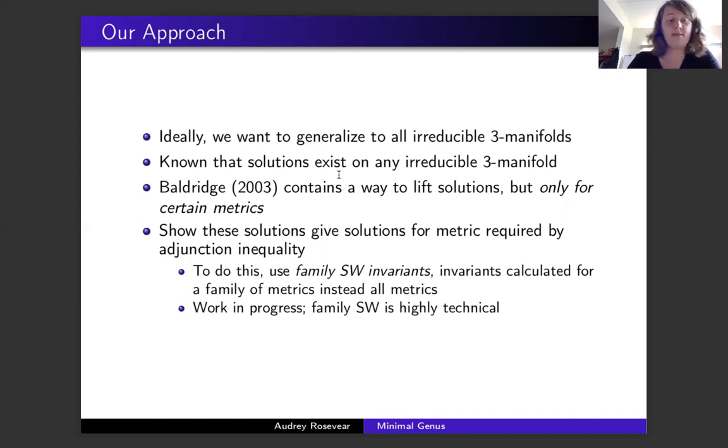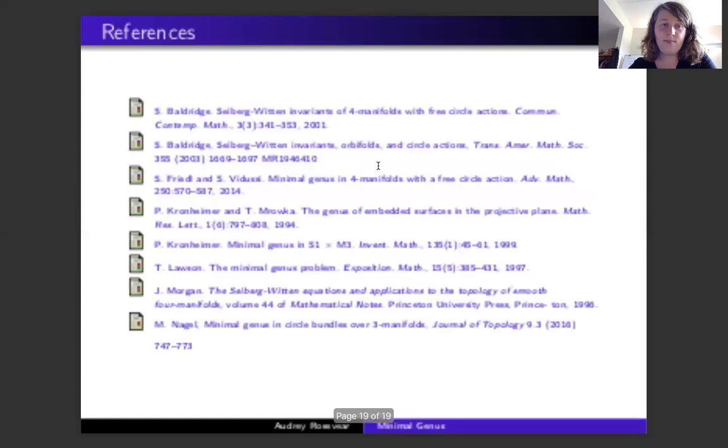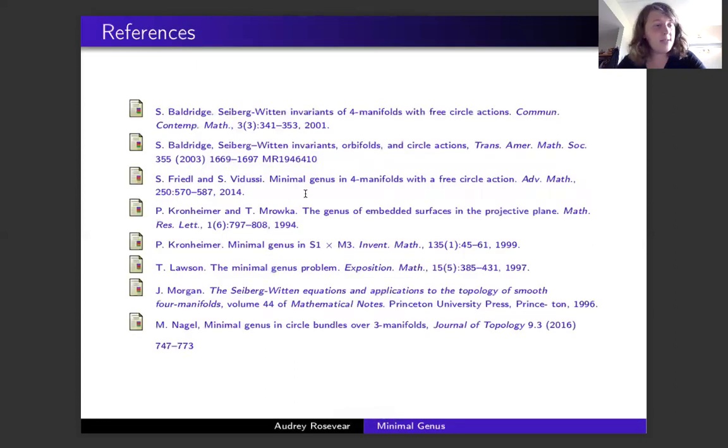The family Seiberg-Witten invariants are highly, highly technical, but we are hopeful that this will allow us to construct solutions for a broader class of manifolds and prove this adjunction inequality to obtain minimal genus for a number of manifolds with free circle actions. Here are my references. Thank you for watching.